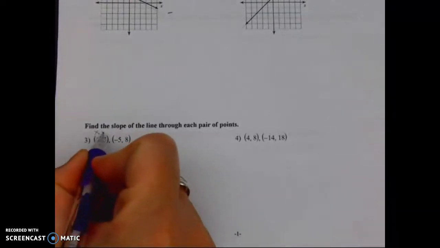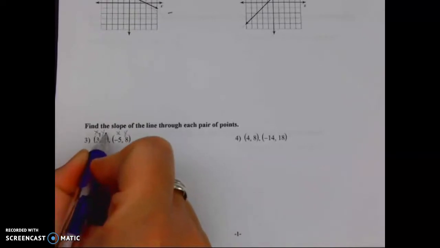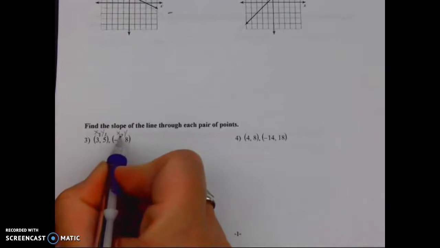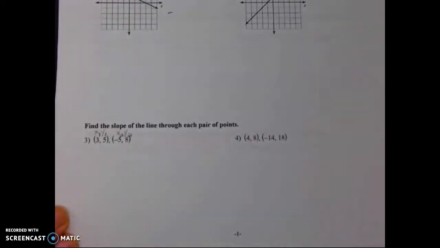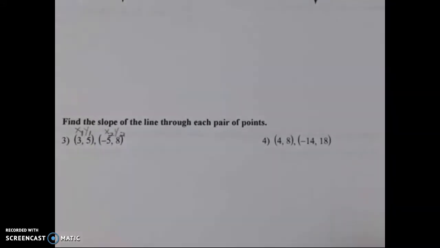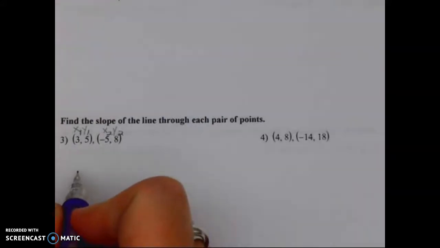Find the slope between these pairs of points. It works like this. It's x and y, and x and y. This is the first set of parentheses. This is the second set of parentheses. Okay, so according to the formula, you subtract the y's first.